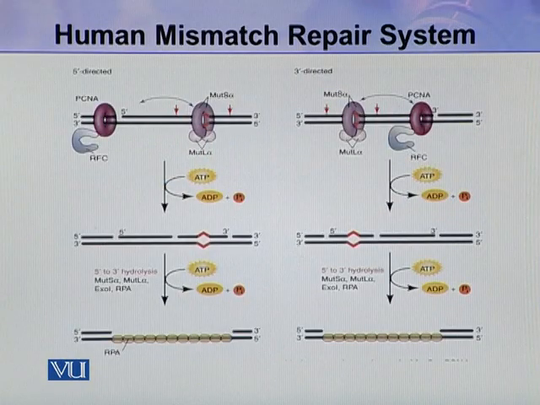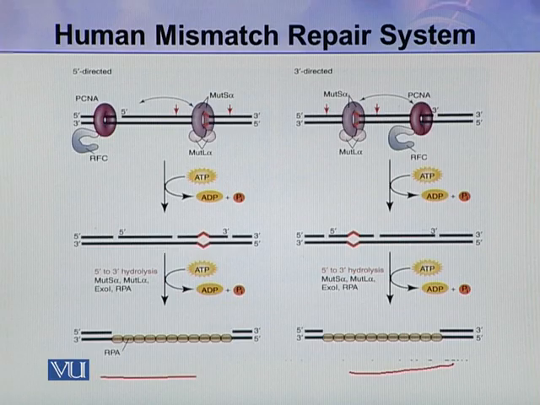So here in this picture, you can see these two sides. This picture demonstrates the 5' directed nick repair, and this picture describes when the nick is on the 3' side. Here you can see this is MutS alpha, this is MutL alpha, and this is RFC and PCNA.